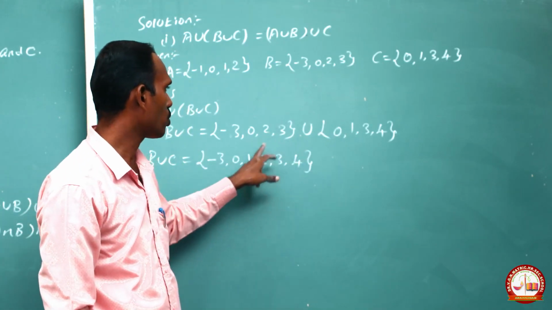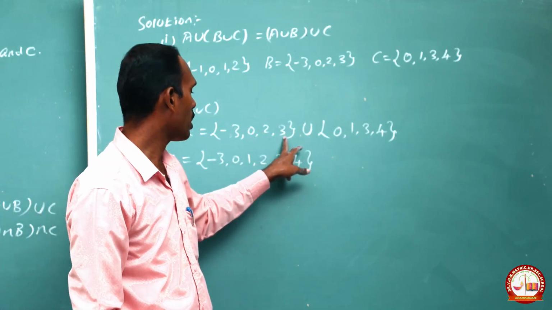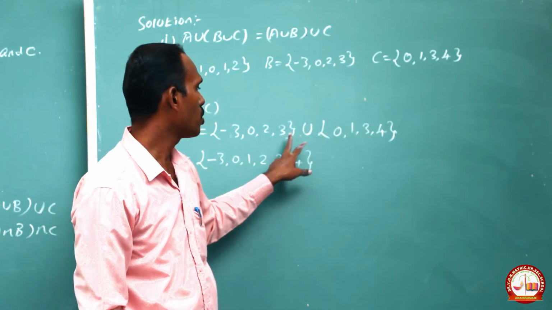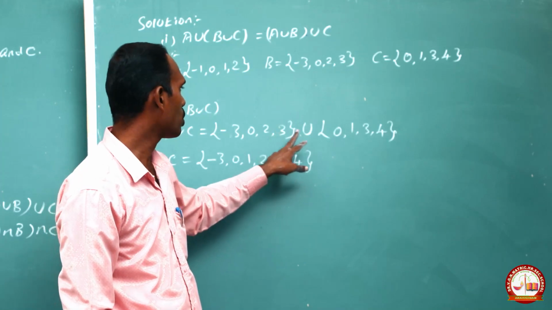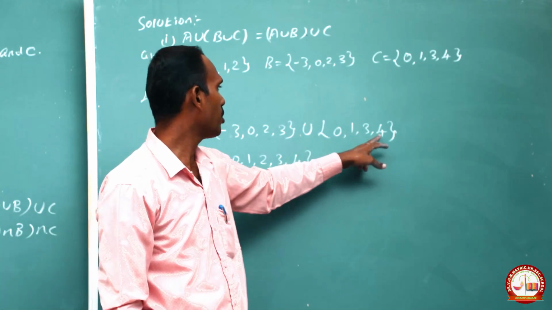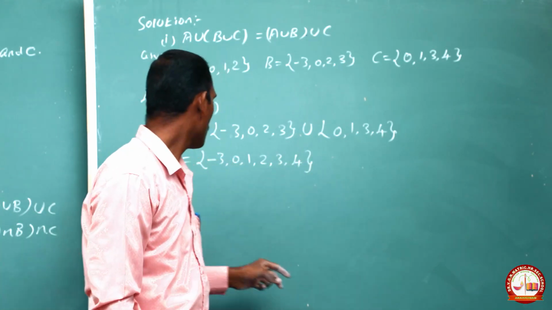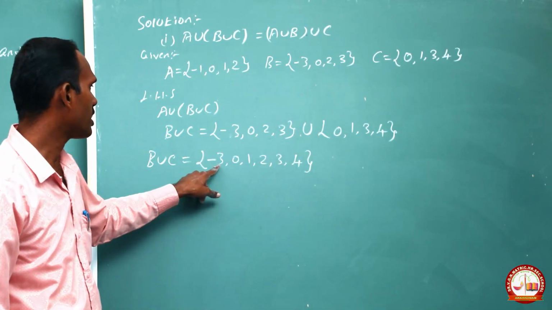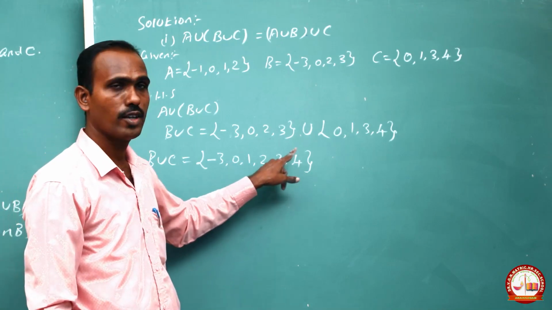Here you are having the 2, so write the 2. Here is also 3, here is also 3, so don't write the 3 two times, write only one time. So write the 3 and then remaining is 4. So B union C equal to {-3, 0, 1, 2, 3, 4}.